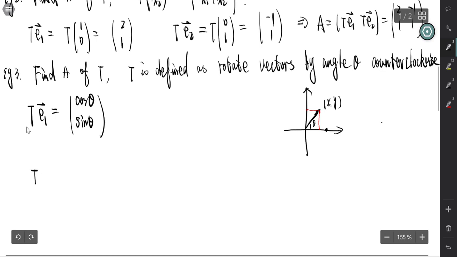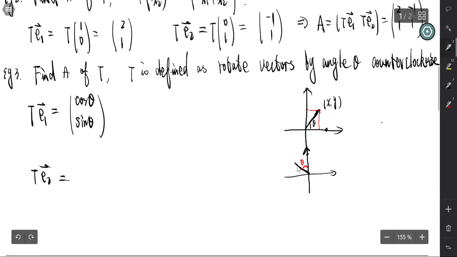What about Te2? The e2 is changed to this. Here is the theta.